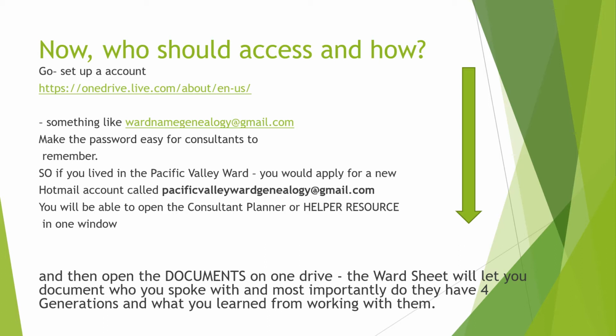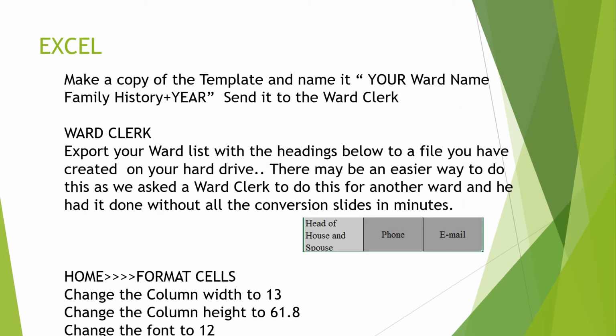Are they learning everything they're supposed to need? So you can make a copy of this Excel template and name it Pacific Valley Family History 2020 and send it to your ward clerk. Your ward clerk will export the ward list with the headings below to a file that you created for your hard drive.